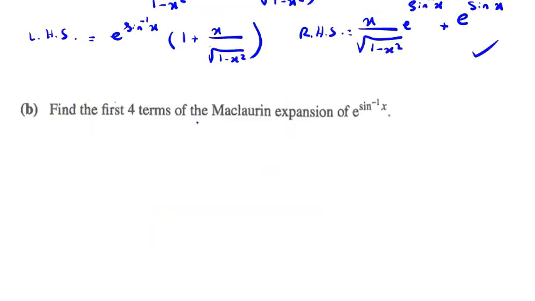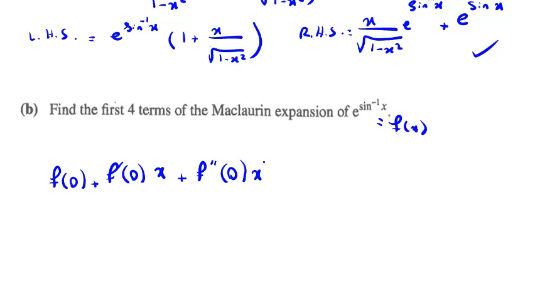Part B, find the first four terms of the Maclaurin expansion of e to the power of inverse of sine x. So if I consider, for example, f of x, it will be f of 0 plus f prime 0 times x over 1 factorial, plus f double prime 0 times x squared over 2 factorial, plus the last term, f triple prime 0 times x cubed over 3 factorial.